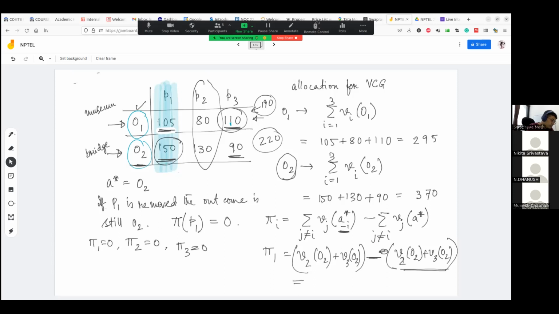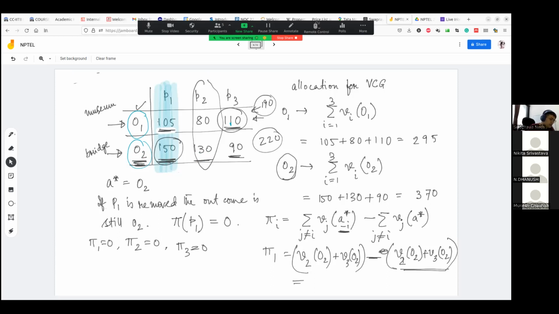So this item, if it is given to player 2, it's less. Here it is larger. So of all possible combinations, O2 goes to P1 and O1 goes to P3. That maximizes the sum of the valuations, which is 260. Okay, so that's the first thing.